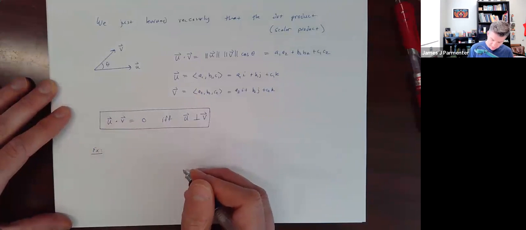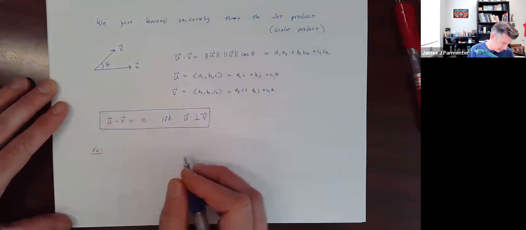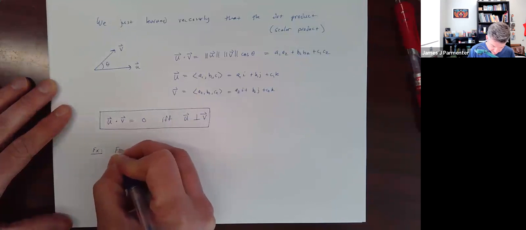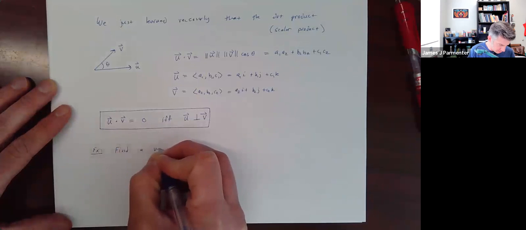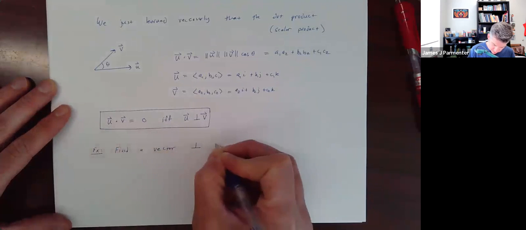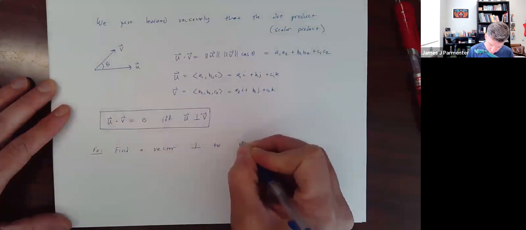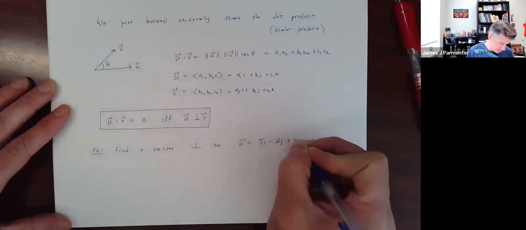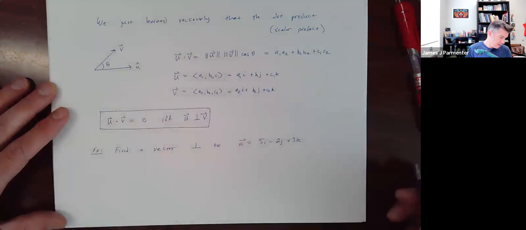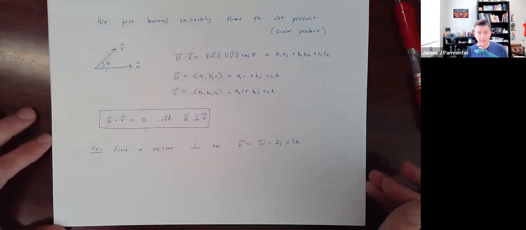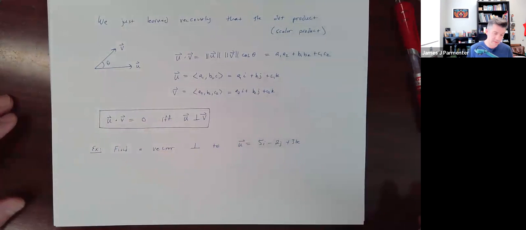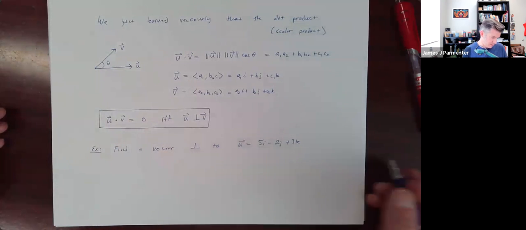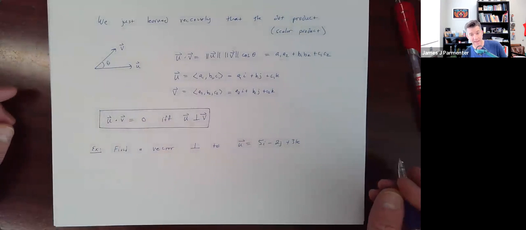We want to find a vector perpendicular to u equal to 5i minus 2j plus 3k. Now, if you think about it, in 3 dimensions, there's going to be a lot of potential vectors that are perpendicular to u. In fact, more than a lot, an infinite amount, right?